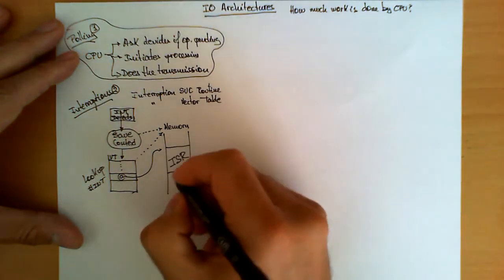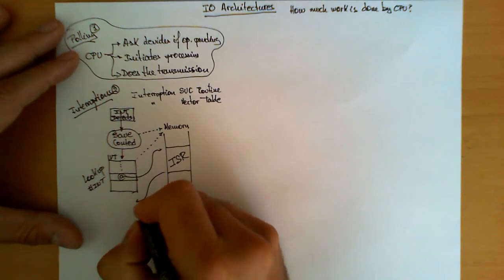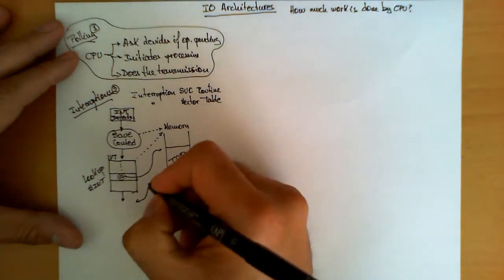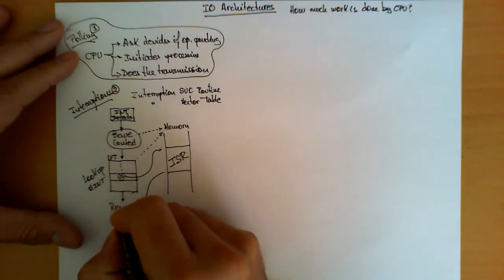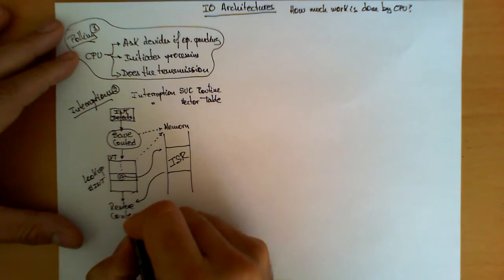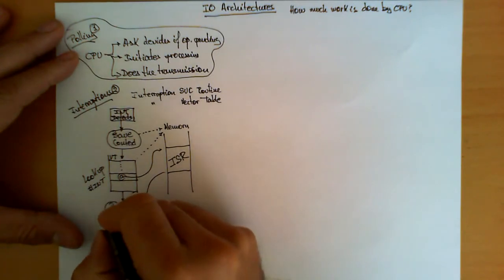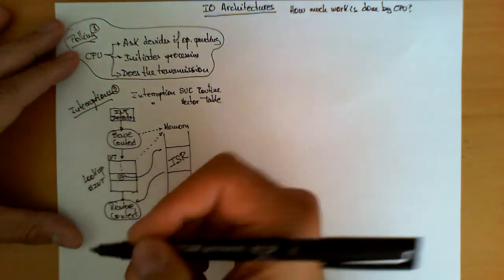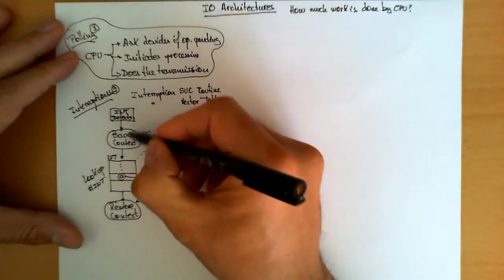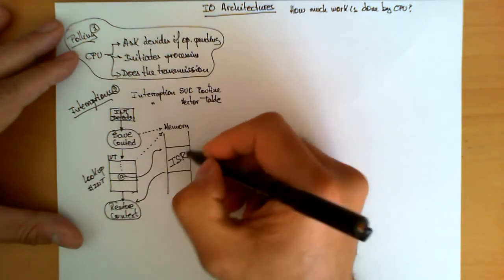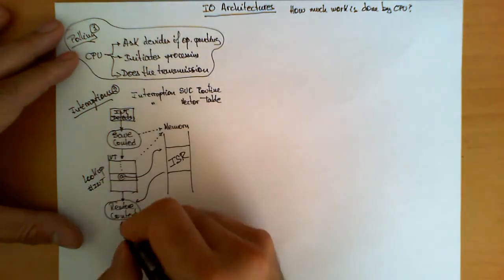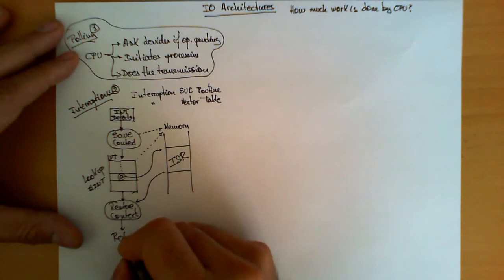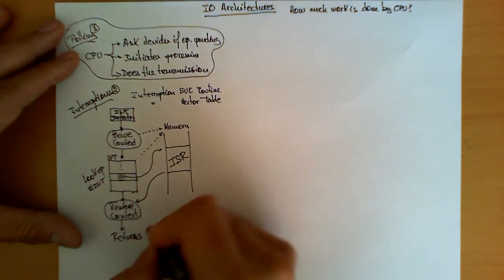After this interruption service routine has been executed, we have to return to the way the CPU was working before, which means first we have to restore the previously saved context. In other words, we leave the CPU exactly as we found it in this place over here, as if this interruption service routine had not been executed. It's not going to leave any trace on the context of execution, and then the microprocessor returns to the regular execution.